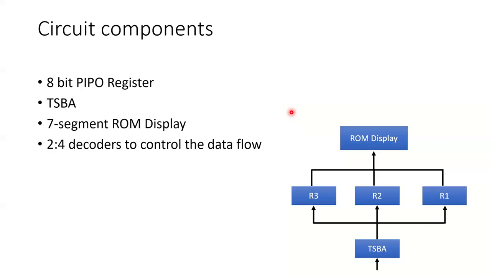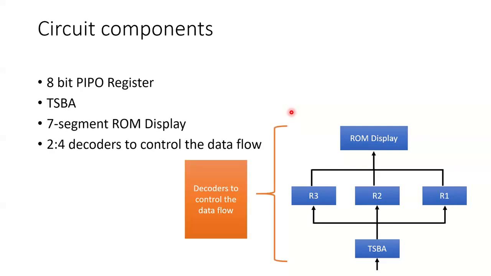So we saw that we need to manage the flow of data, that is the input, that is putting data in the registers, taking data out from the registers, and shifting data from one register to the other. We are going to do that using 2:4 decoders, and we'll see the details of that later, but that is the additional part that we are going to build, which will intelligently control the flow of data in your register bank.